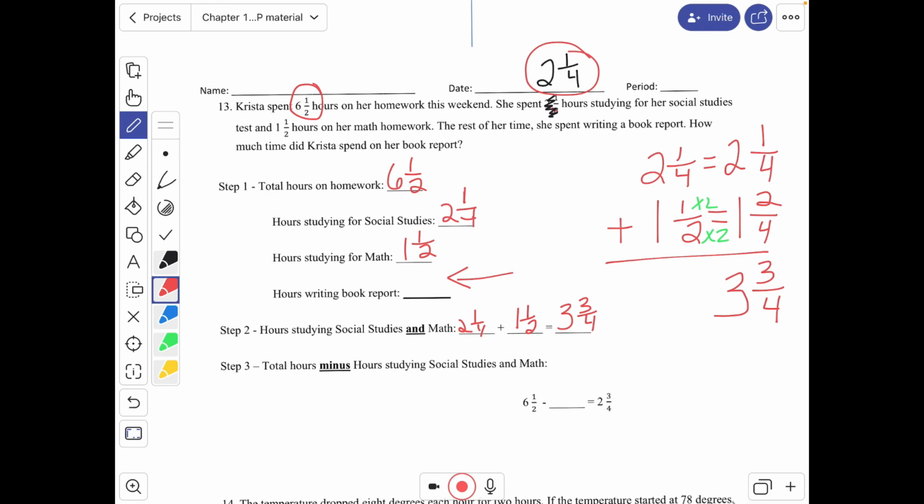Now to figure out what's left for her book report, we would need to subtract that from the total. Step 3 says total hours minus hours studying social studies and math. So 6.5 minus 3 3/4. And then they tell you the answer is 2 3/4. So that goes right here.